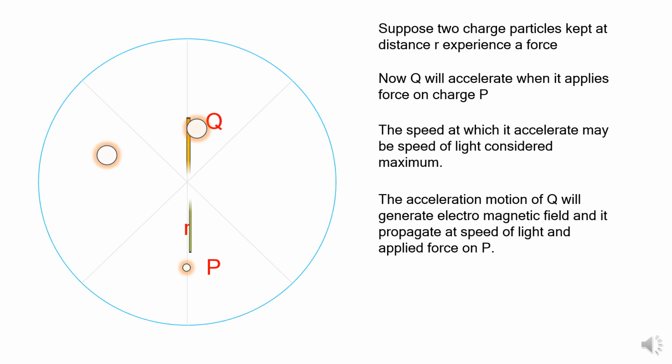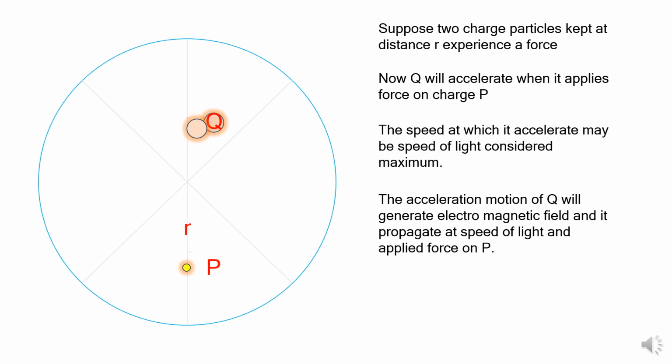If we keep two charges, the source charge applies force on the test charge, and the test charge applies force on the source, and because of that force, Q will accelerate. The force is converted into acceleration, and acceleration may reach the speed of light.